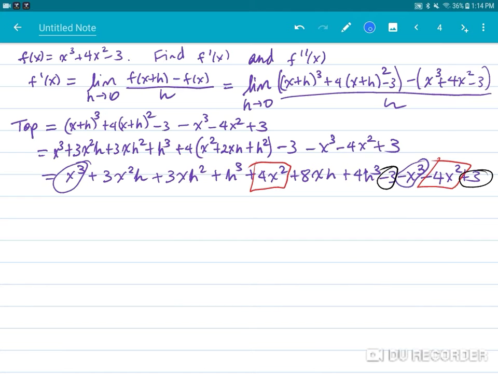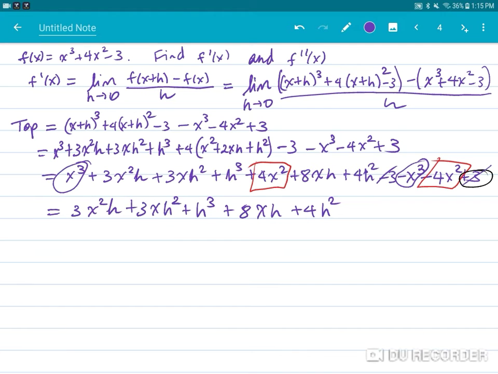So that gives us 3x squared h, 3xh squared, h cubed, 8xh, 4h squared. That's the top.